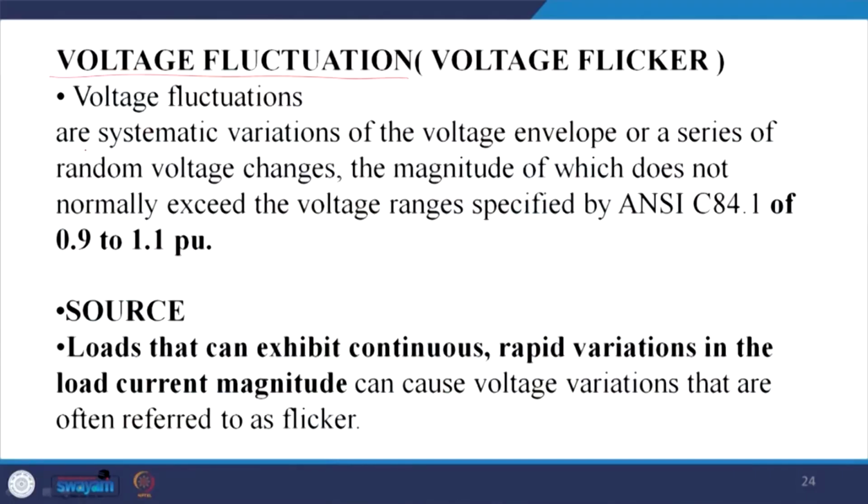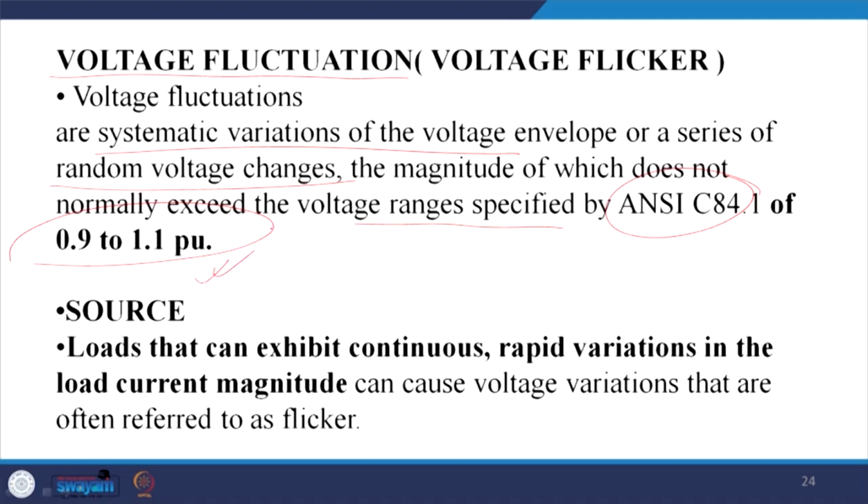Voltage fluctuations are systematic variations of the voltage envelope within some smaller range, or a series of random voltage changes, the magnitude of which does not normally exceed the voltage range specified by ANSI C84.1, and generally this range is restricted to 0.9 to 1.1.